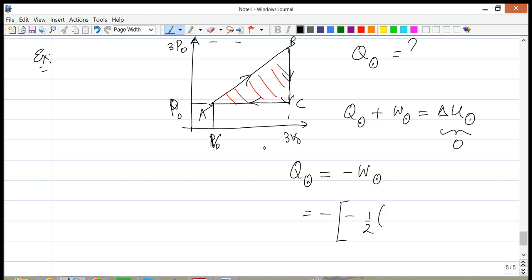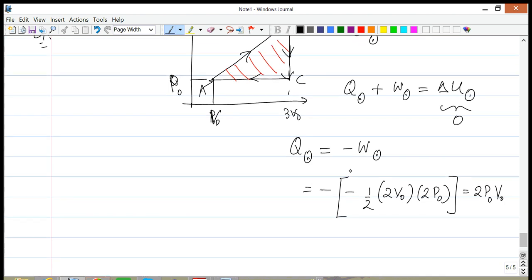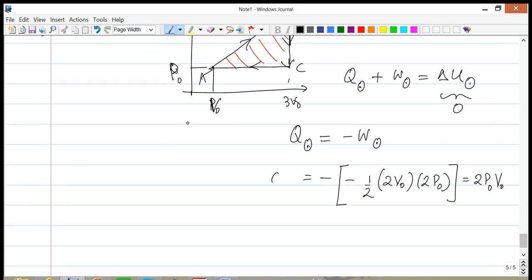So the base is 2V0, the height is 2P0, and so the net work, or rather the Q for the cycle, is going to be equal to 2P0V0.